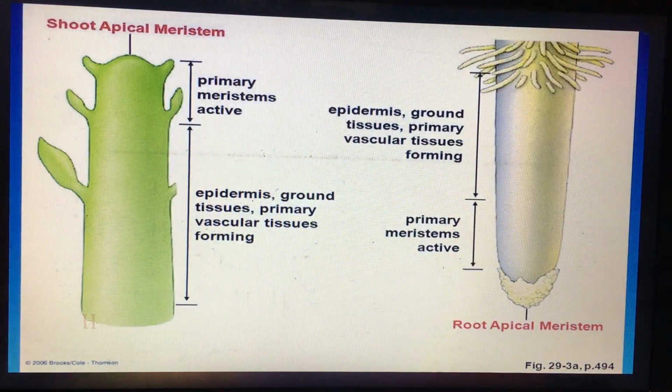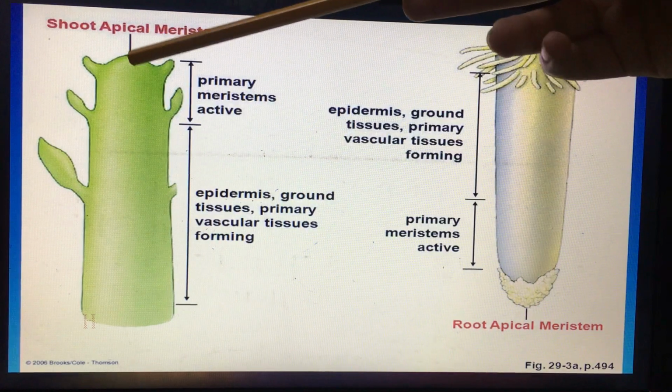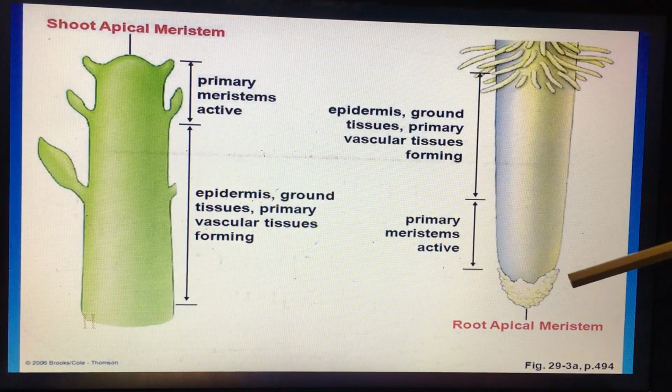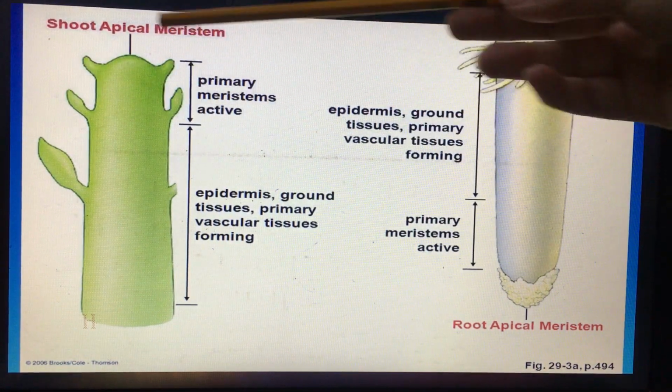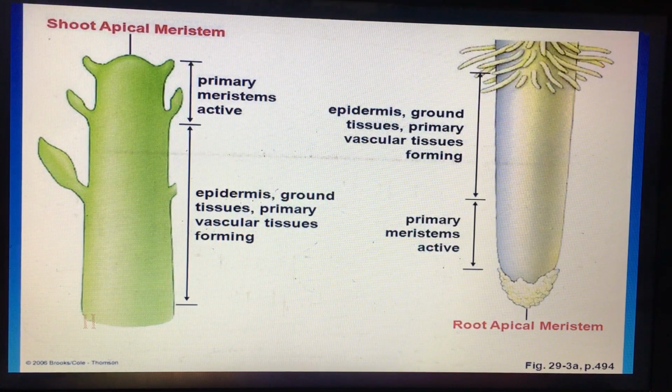And the second example, in the meristems, at the tips of shoots and roots, the cell division here leads to an increase in length. So here we have meristems for root and meristem for shoot.